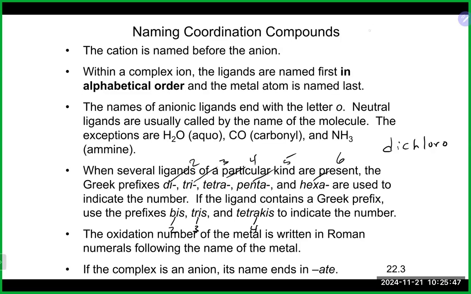What's an example of that? It would be en, ethylenediamine. Because the actual name has that diamine part, if you had two of them you would use bis, or if you had three, tris, with that particular ligand.